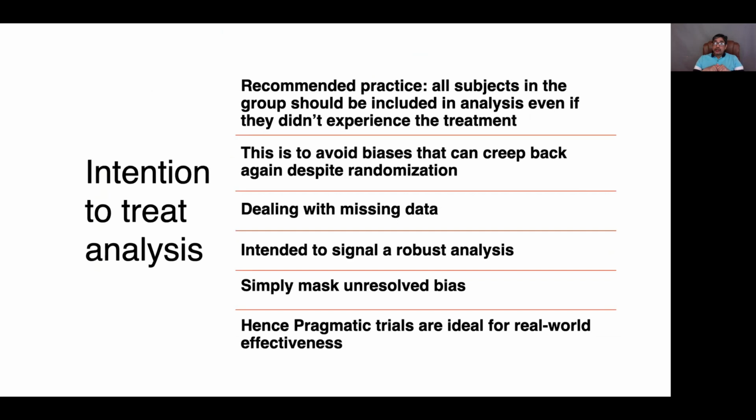Although intention to treat analysis is a great achievement for reporting trial results, in the real world pragmatic trials are very ideal and very effective. Most of the time, intention to treat analysis is used to deal with missing data, and it is intended to signal a robust analysis of a trial.